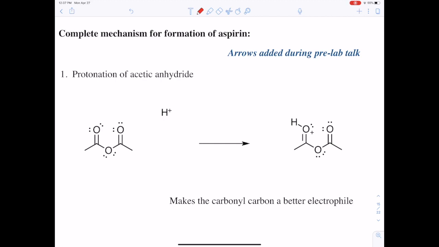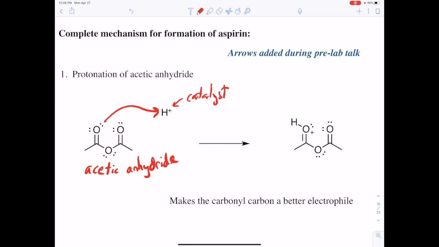So this is our acetic anhydride, and this is our acid catalyst. So that's from our catalyst. And what happens is you protonate one of the carbonyl oxygens.